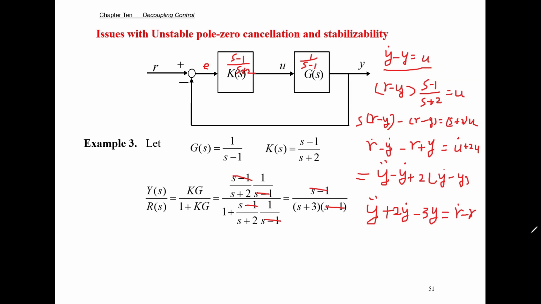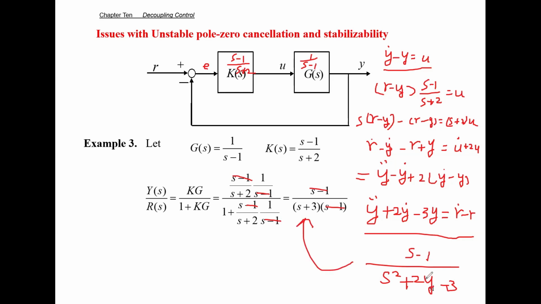Is that clear? And then from this one we can get the transfer function. We do the Laplace transform. Then the transfer function is: Y double dot gives S squared plus 2S minus 3, and R dot minus R gives S minus 1.